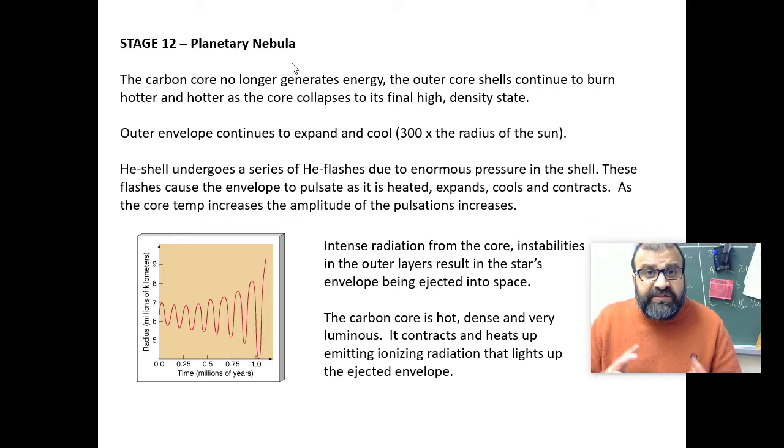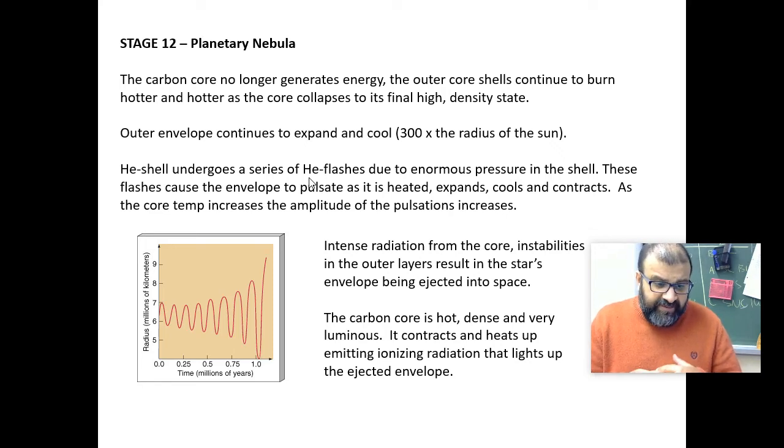Now, there's some instability still going on in the shells. The hydrogen shell here will undergo a bunch of helium flashes due to the tremendous pressure. These helium flashes are releases of energy. If you go back to the previous talk, we addressed the helium flashes there.